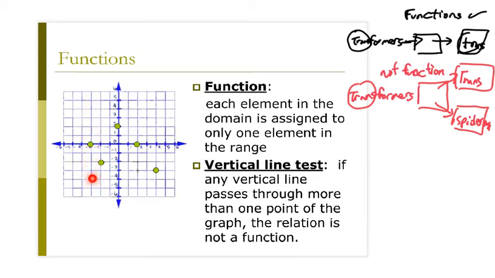We go up or down and there's only one point, one y value that's associated with that x value. And we can do the same thing with any of these. There's only one point associated with any of them. So clearly the graph that we have here is a function. So let's apply what we know to determine if we have a function or not here.